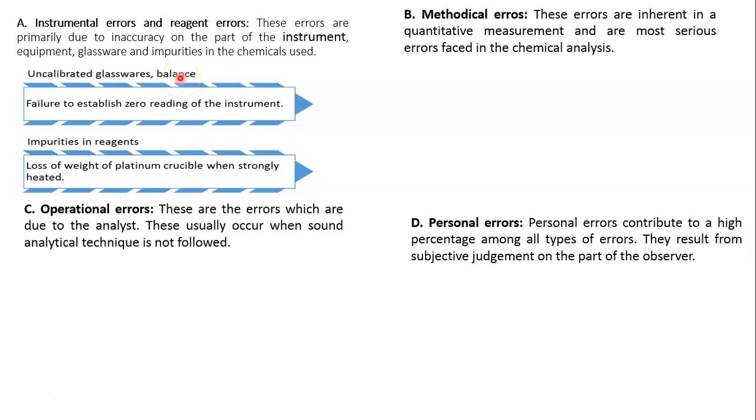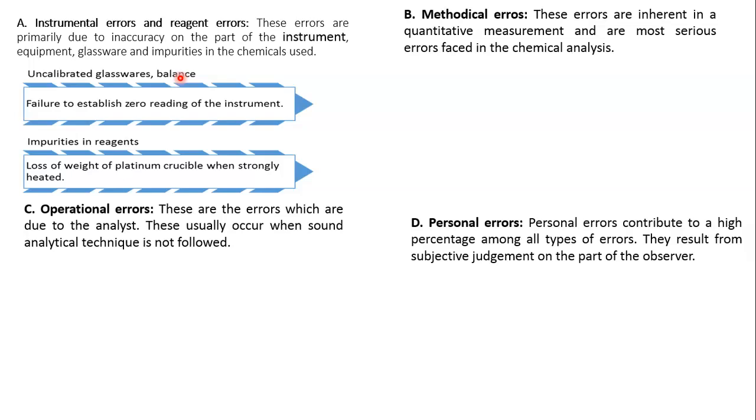Balances. When you're using balances, they are supposed to show 0 in the beginning, but suppose by default it is not showing 0, then you have to make sure to note down the initial weight on the balance and then accordingly add or subtract the weight depending on the final weight. If the pointer is showing after 0, say the pointer is on 1, that means when you're weighing say 5 grams, it is not actually 5 grams, you have actually weighed only 4 grams.